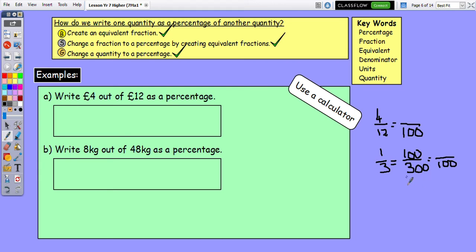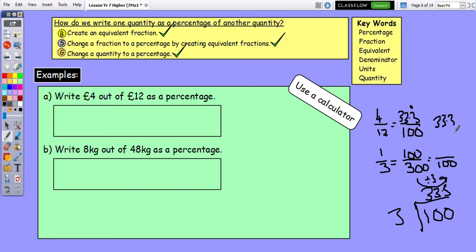If I divide by 3, divide by 3. If we did that, we're going to get 33.3 recurring. So I know that 4 over 12 is 33.3 recurring percent.